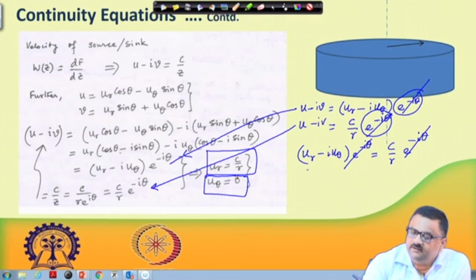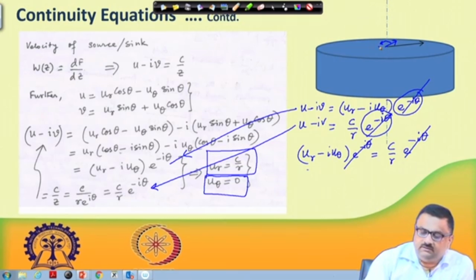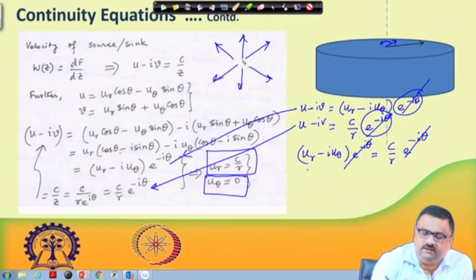What is u r? U r is the velocity in r direction, and that velocity is c by r, and u theta is the velocity in theta direction. In fact, that is what our original understanding was, isn't it? Our original understanding was that for a source or sink, we have only radial flow. If it is a source, it is going out, and if it is a sink, they are all coming in. The direction of the arrow changes.